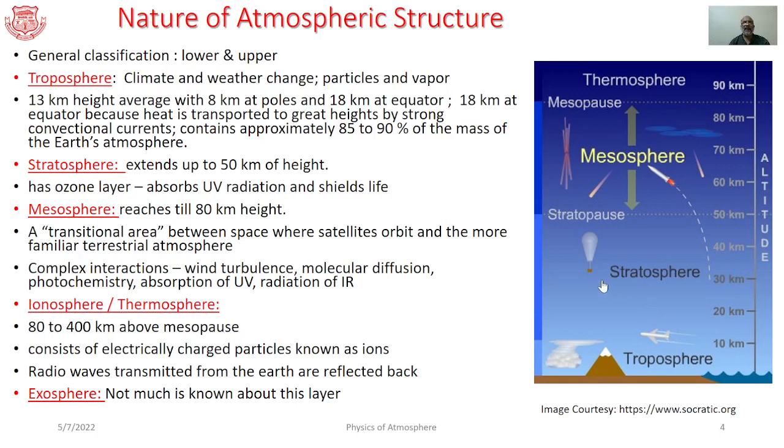This troposphere contains about 85 to 90% of the mass of the Earth's atmosphere. We are much bothered with the activities that are taking place in this troposphere because it has immediate impact as far as our living is concerned.